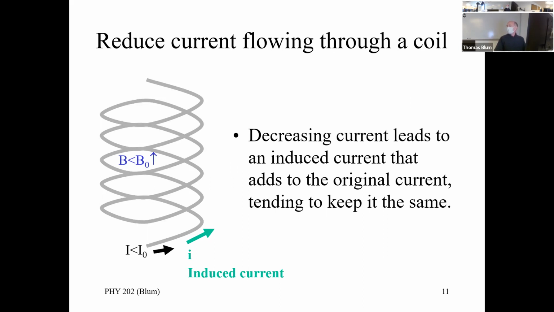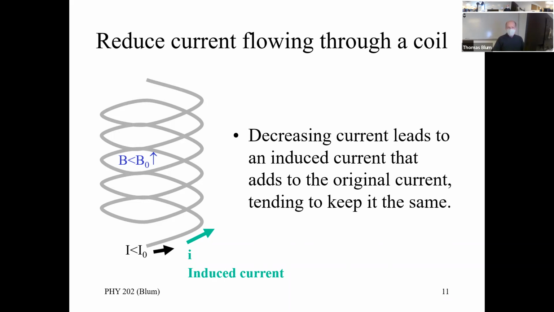So I'm back to my coils because that's where my effect is big. I have some coil with some current, and then I try to decrease the current, then the induced current is in the original direction. So I'm trying to reduce my current, but my induced current, my new secondary current, is in the original direction and tries to keep the current the same.